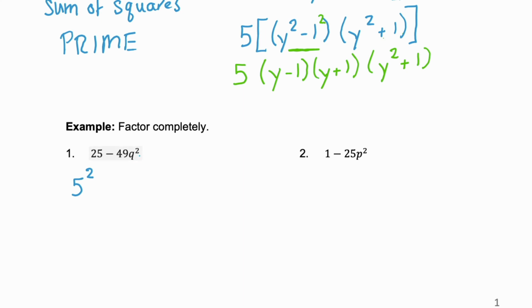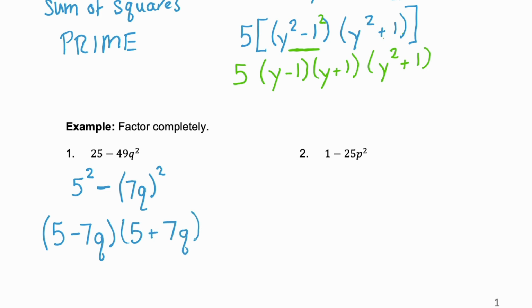Well, q is being squared and 49 is 7 squared. So that second term is 7q squared. And we have subtraction, so we have a difference of squares. And that factors as 5 minus 7q and its conjugate of 5 plus 7q.